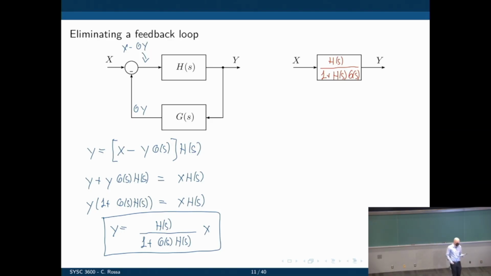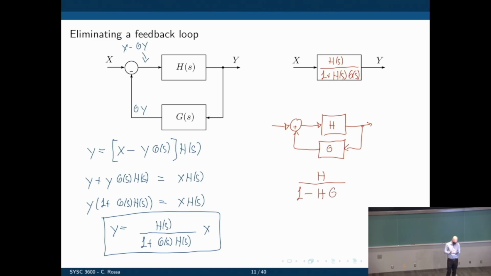And you guessed it, if we have a positive sign, what would be the transfer function? If this is now a positive feedback loop, the transfer function would be the line function divided by 1 minus the multiplication of them. Using the same procedure we just did, we just flip the sign in the sum.